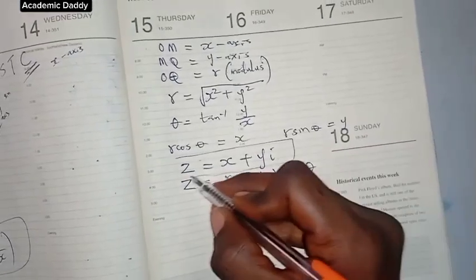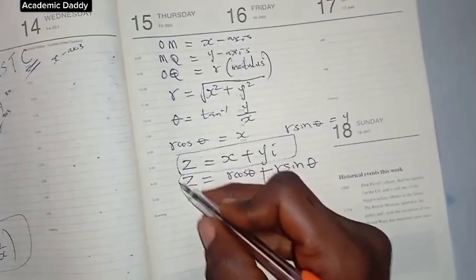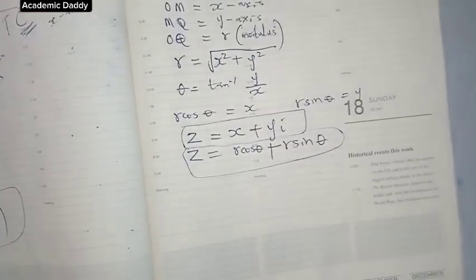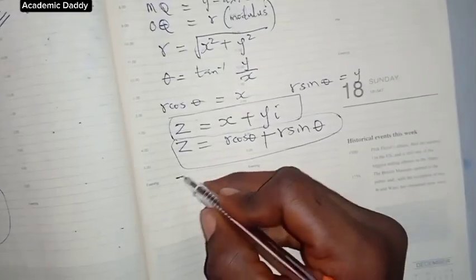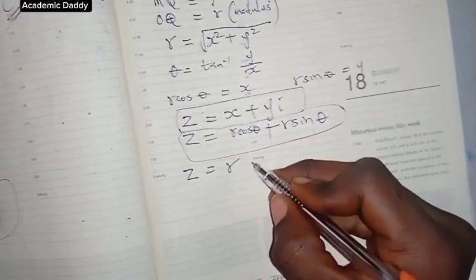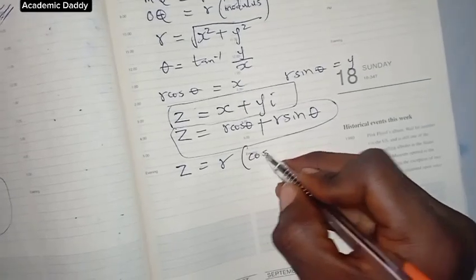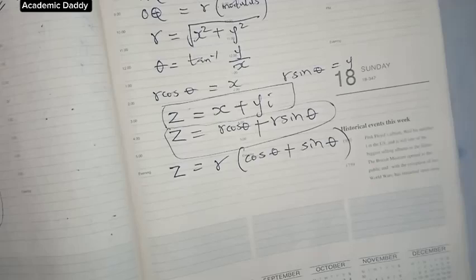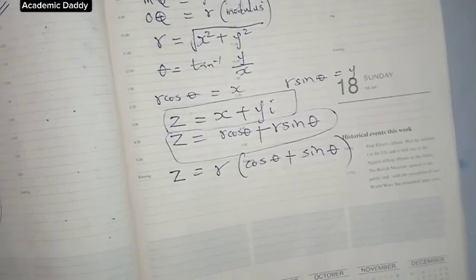This is our normal complex number, but the polar form is us putting this into another form. Simplifying this, we can bring out r and say r times cos theta plus sin theta. That is what it means.